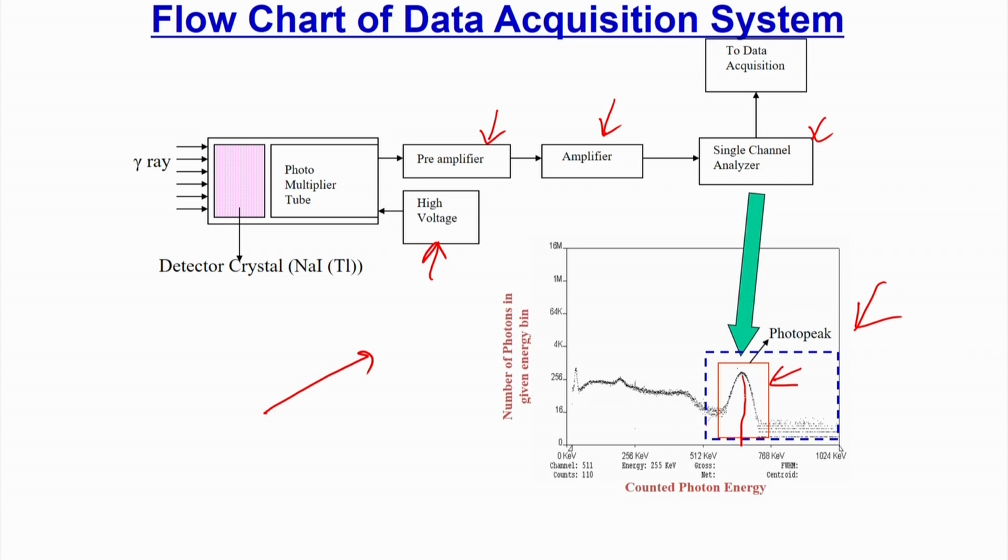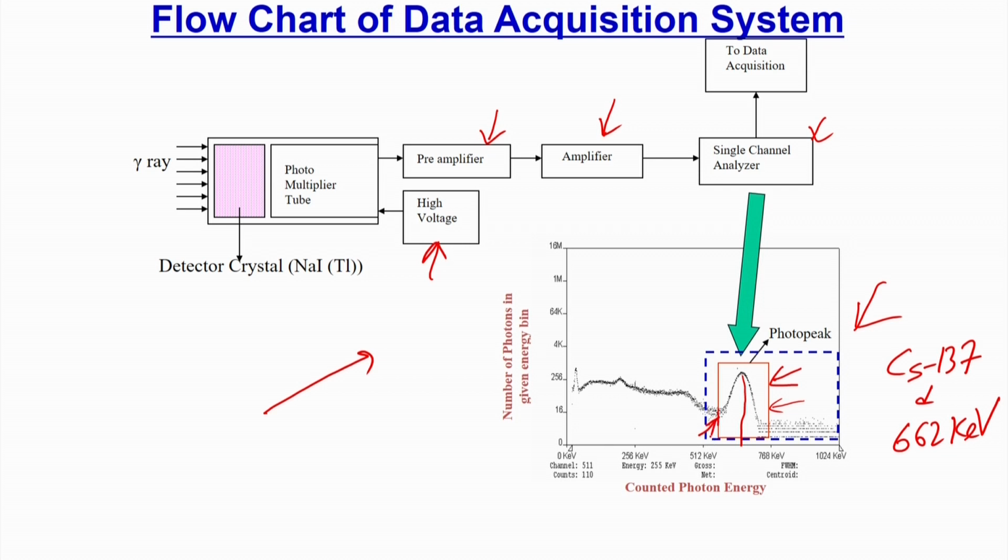In this case we are using cesium 137 as a source, whose energy is 662 keV, and that is why we are getting a peak at 662 keV. The region in the red bracket that you are seeing is called the photo peak. It means that is the peak coming directly from the source. We are very sure about it. So, we put a discriminator or filter which removes the counts below this photo peak energy.